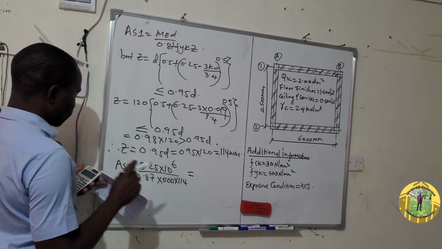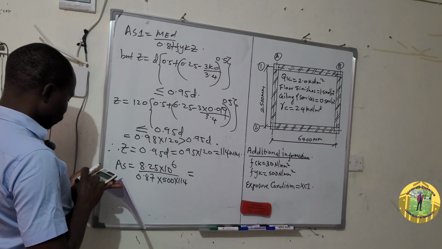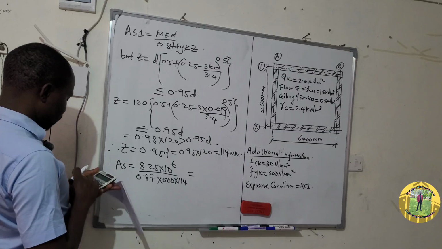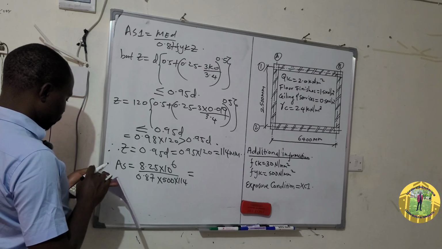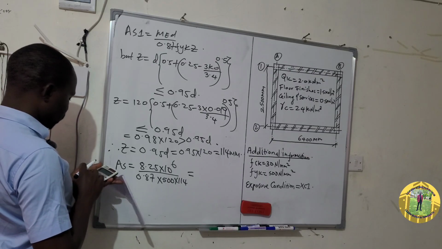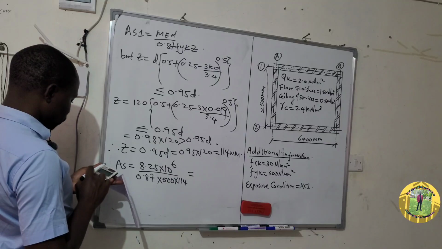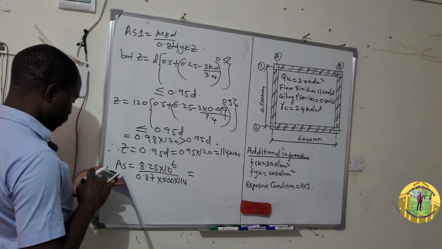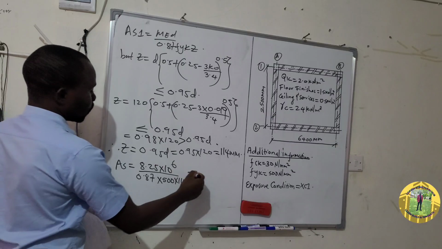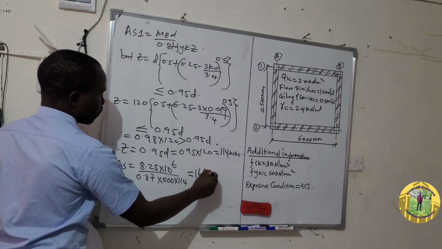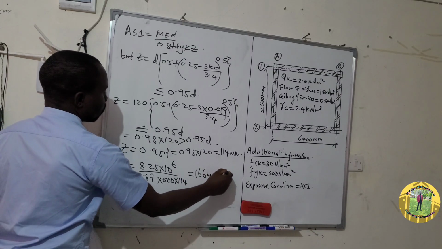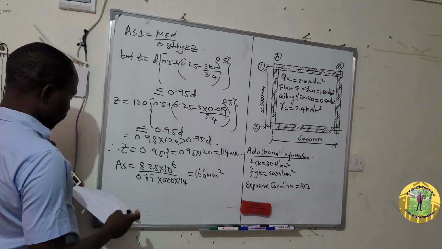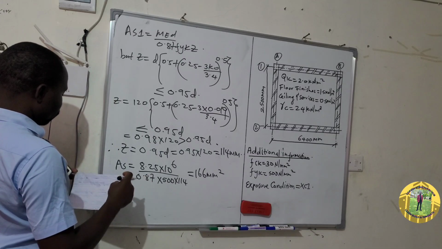So this one will give us 8.25 times 10 to the power of 6 divided by 0.87 times 500 times 114. So this is 166 millimeter square.